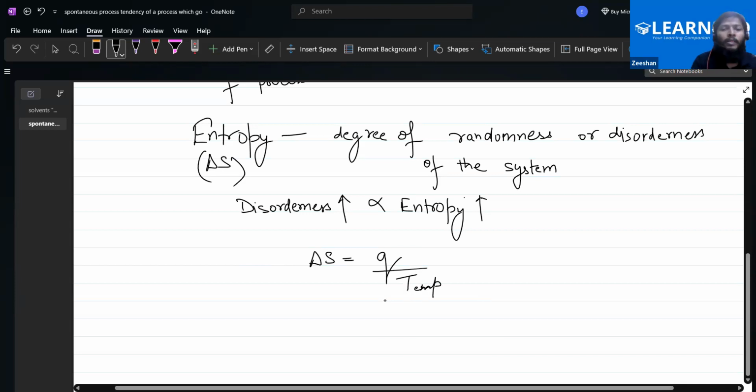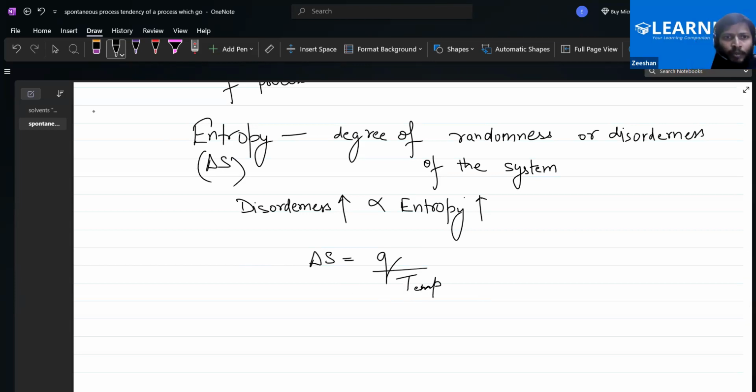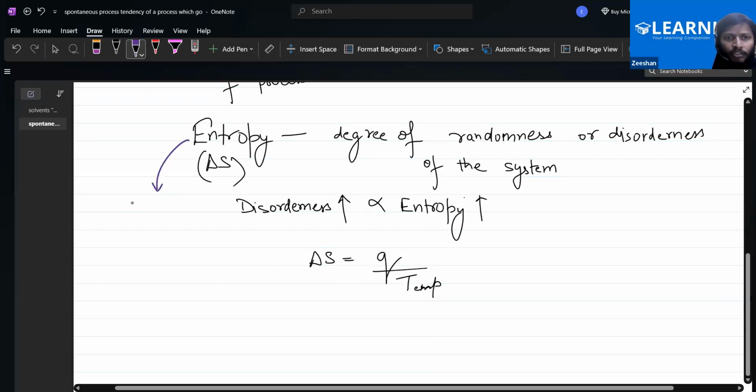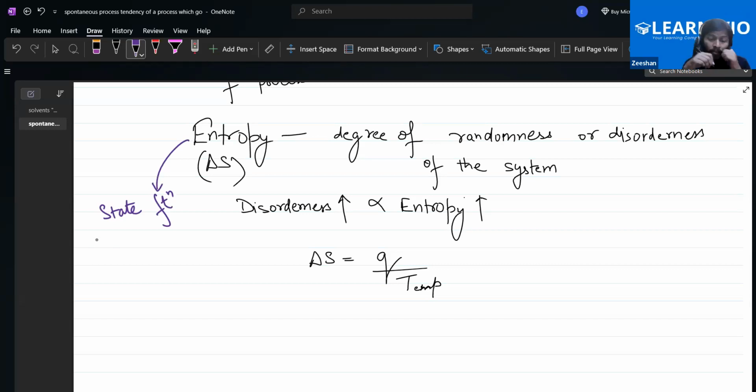Let me also tell you that entropy is a state function. Who will tell me what a state function is? Anybody remember from the first or second class?